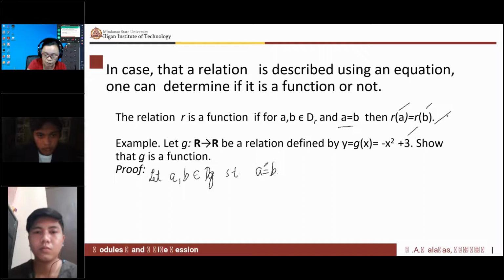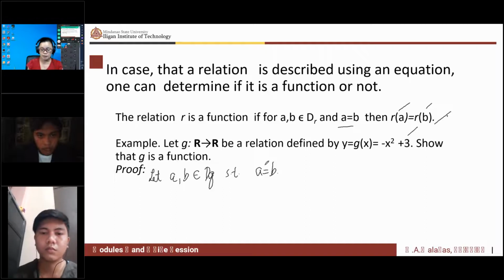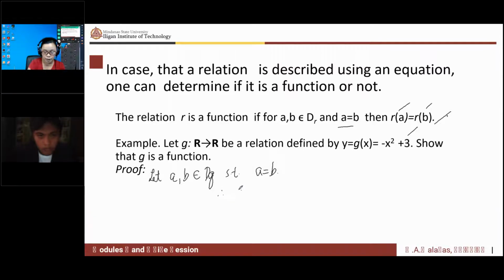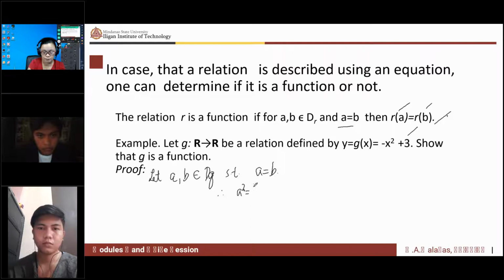Then this cute little thing called equality allows us to square both sides and retain the equality. So therefore, we have a squared equals b squared. And then we can also multiply both sides by -1. That's the property of equality.